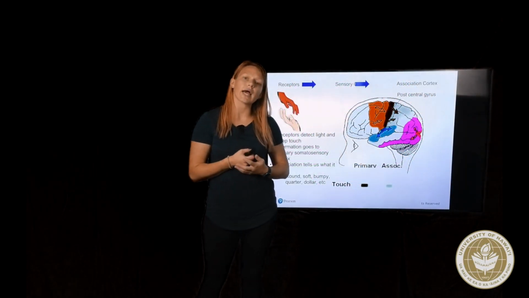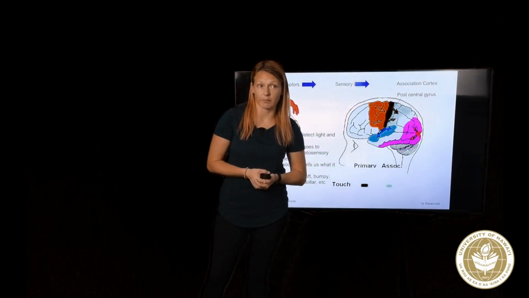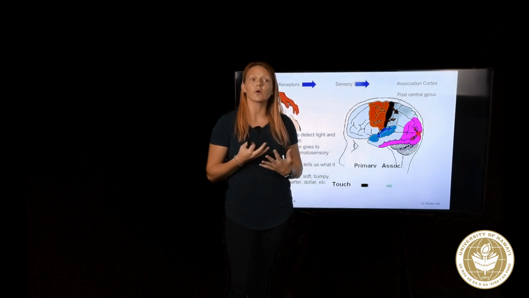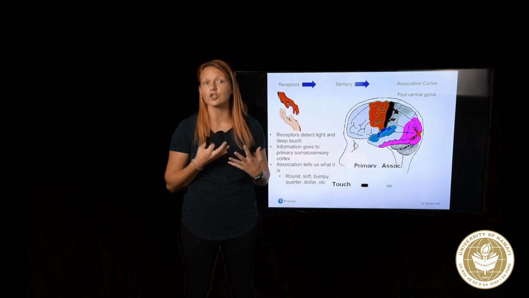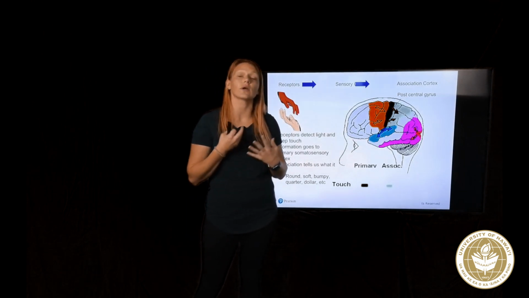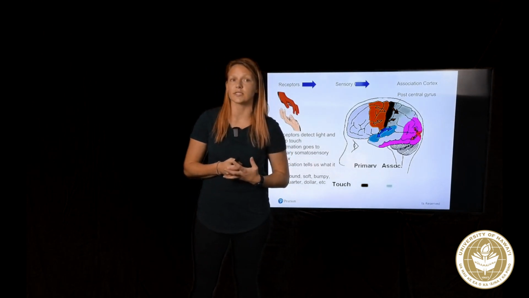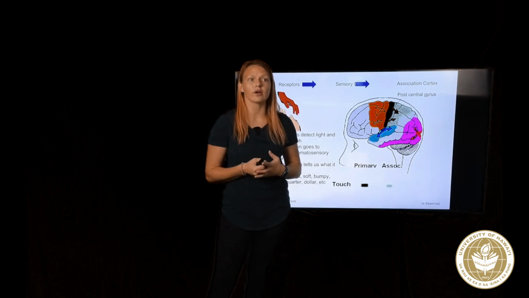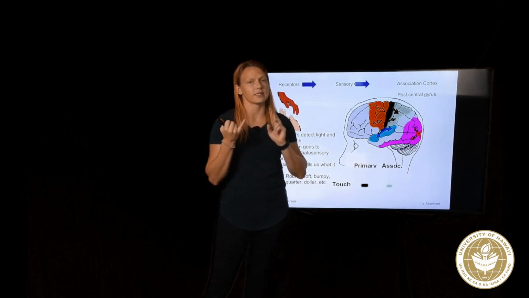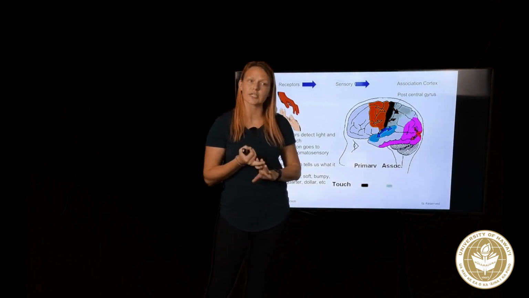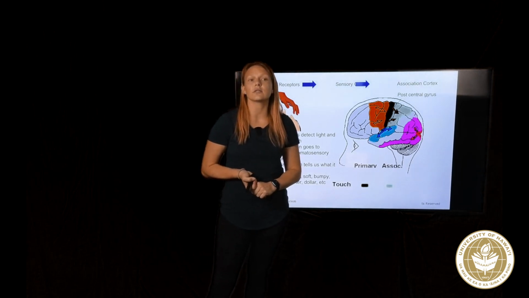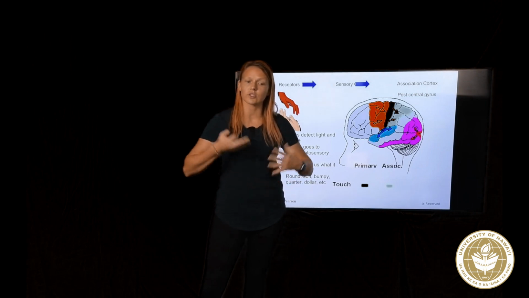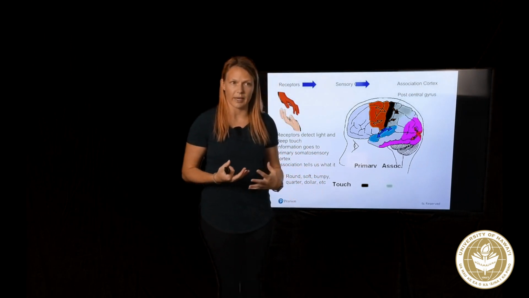So next we're going to look at touch and spatial discrimination. So our touch cortex is considered the primary somatosensory or touch cortex that resides in that post-central gyrus. There we can tell the difference between things like temperatures, pressure, vibration, etc. This also gives us proprioception, so in other words, knowing where our body is in space.